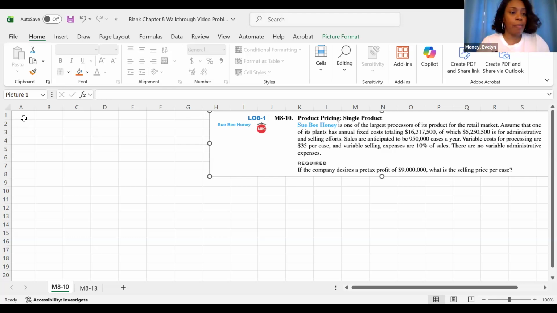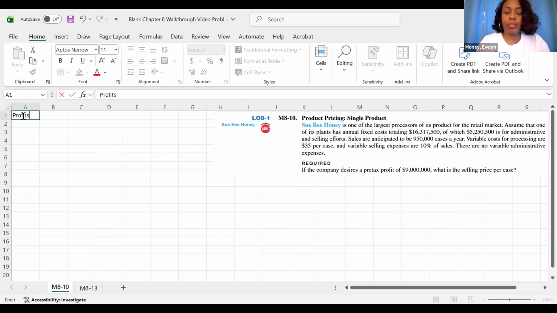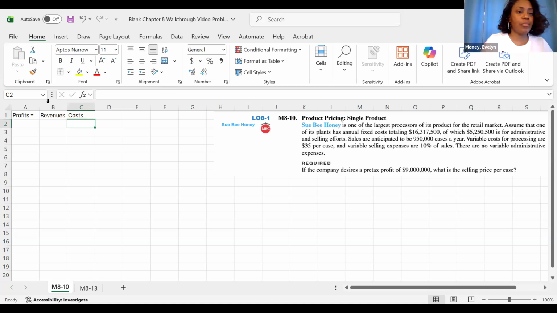In other words, we're going to keep in mind that our profits equal our revenues minus our costs.